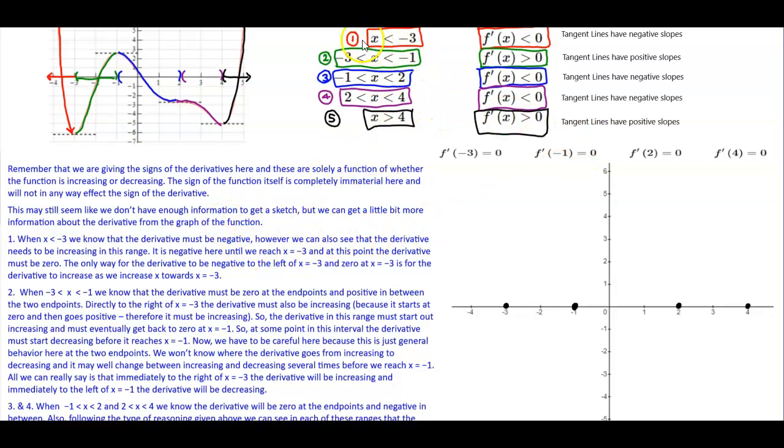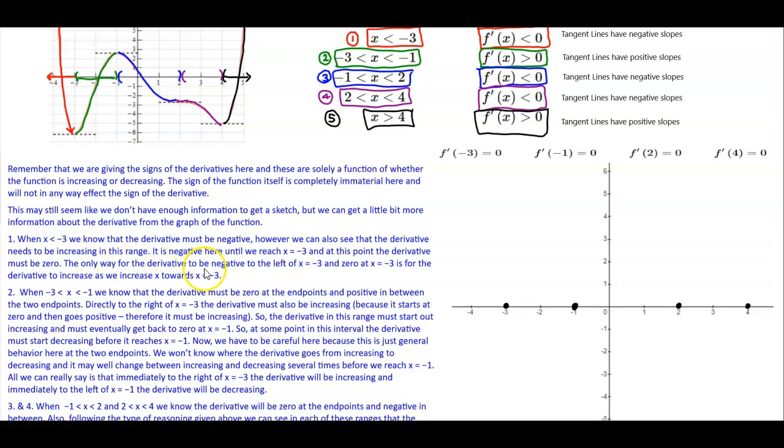So now let's take a look at the first one here, where x is less than -3. When x is less than -3, we know that the derivative must be negative. However, we can also see that the derivative needs to be increasing in this range. It is negative here until we reach x equals -3, and at this point, the derivative must be 0.